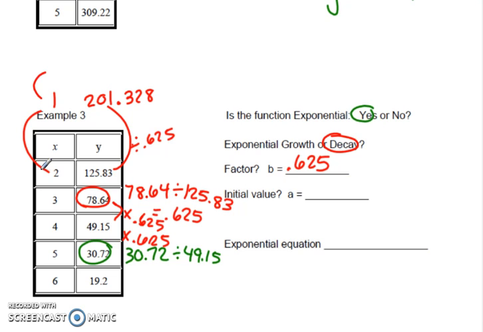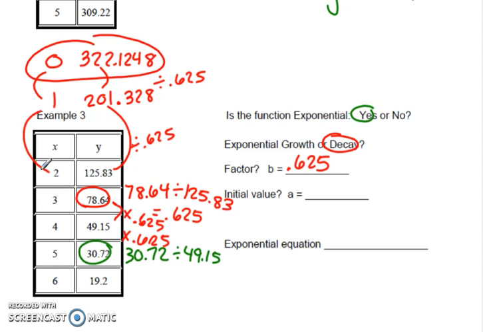I have to go back to find the 0 value. So again, I'm going to divide that number by 0.625, and then I would get 322.1248. Okay, so now I have found my initial value. Let me write it over here.